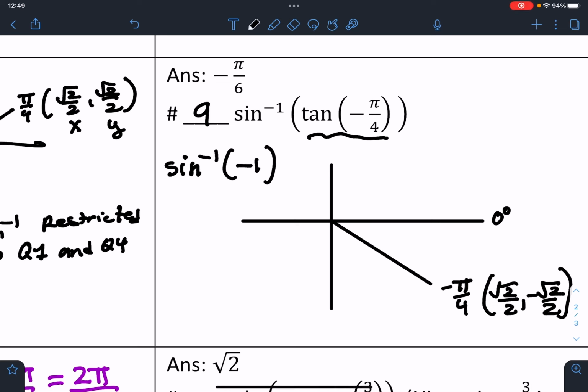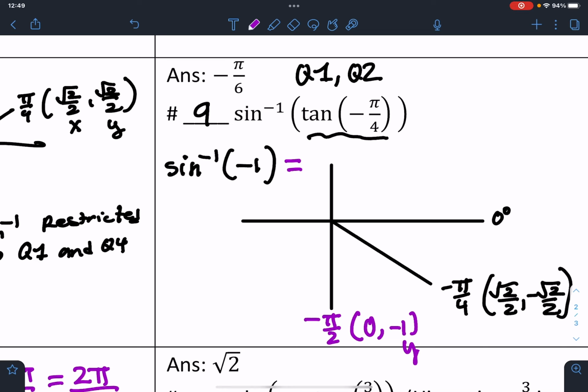So now if sine inverse is quadrant 1 and quadrant 4, and I have a y value of negative 1, I hope that we know that at negative pi over 2, the point is 0, comma, negative 1. And our y value, negative 1, is right there. So the answer to this is negative pi over 2, which is our final answer.